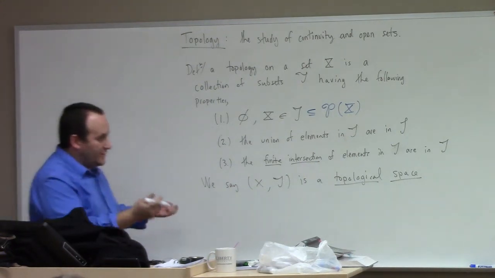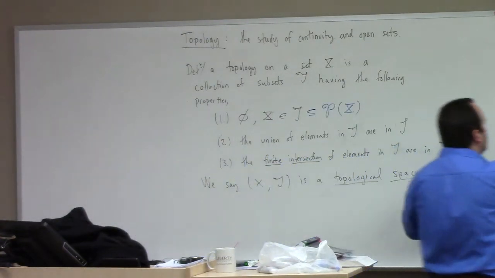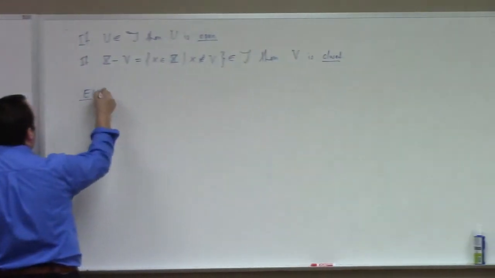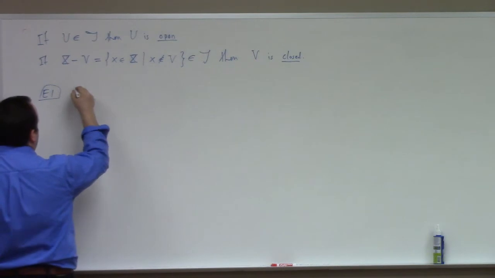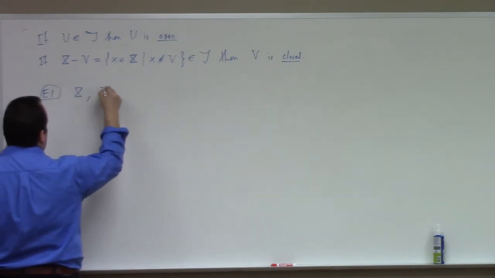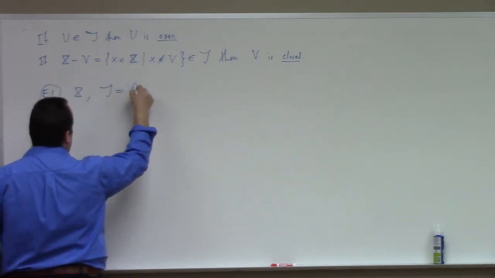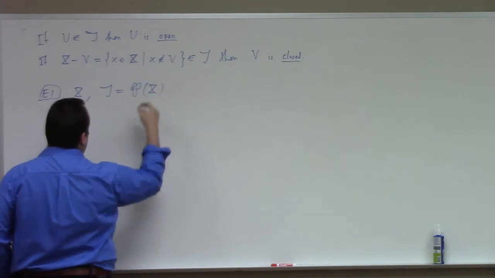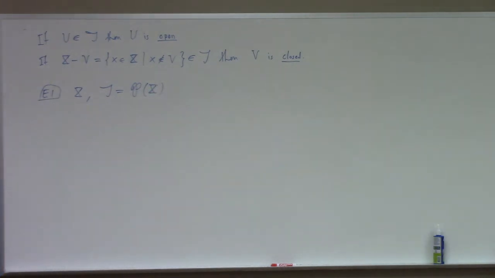But an example, stupid example, you just take any set you like and let the topology be the power set, right? This has a name. Do you remember it, Jess? Well, trivial topology is just X and the empty set.